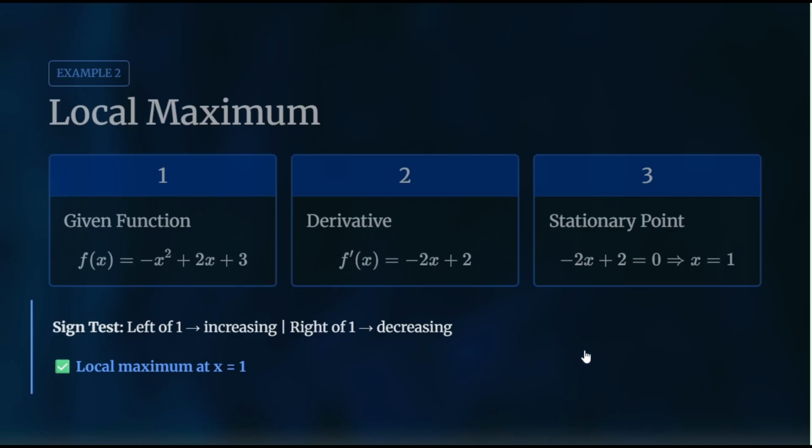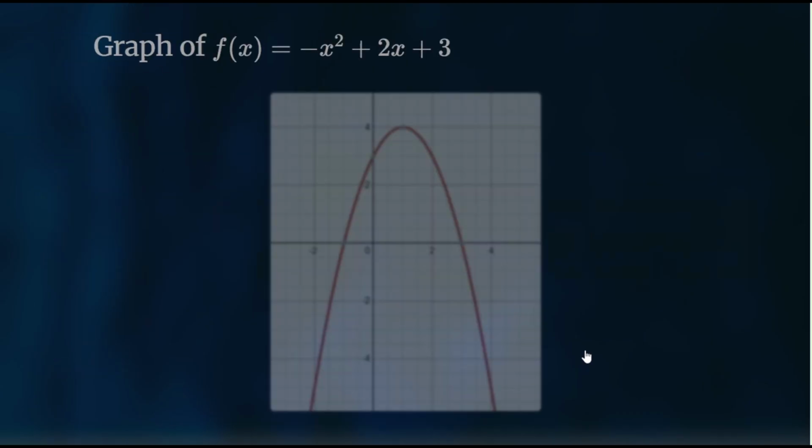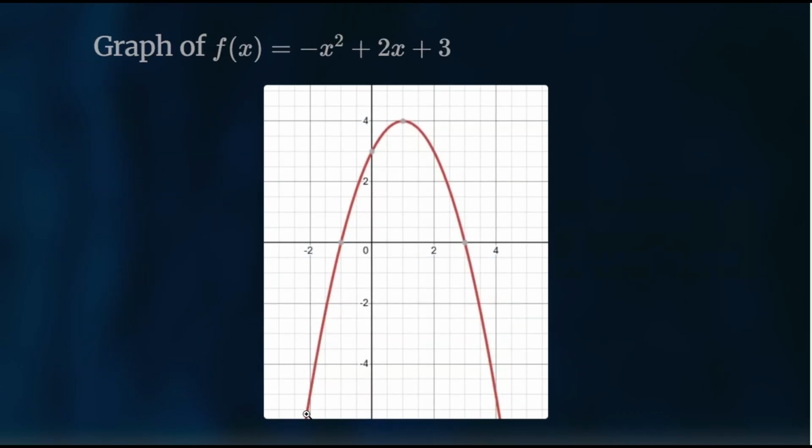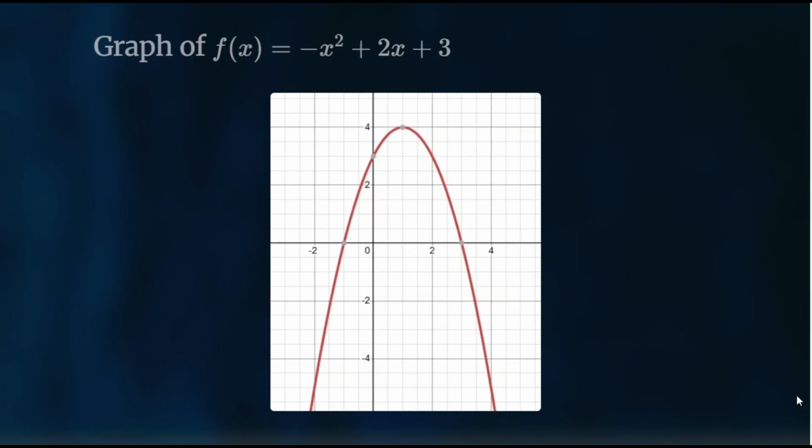So since my function goes from increasing to decreasing, there is a local maximum at x equals 1. And looking at the graph here, we can see that the function is increasing from negative infinity to 1 and then decreasing, which creates a local maximum at x equals 1.